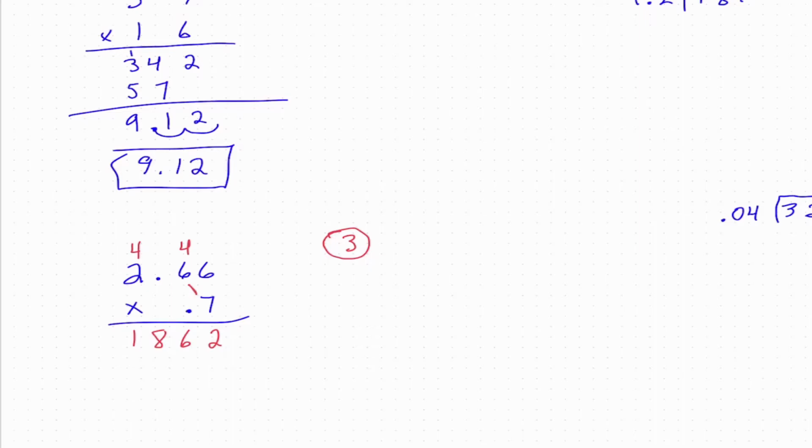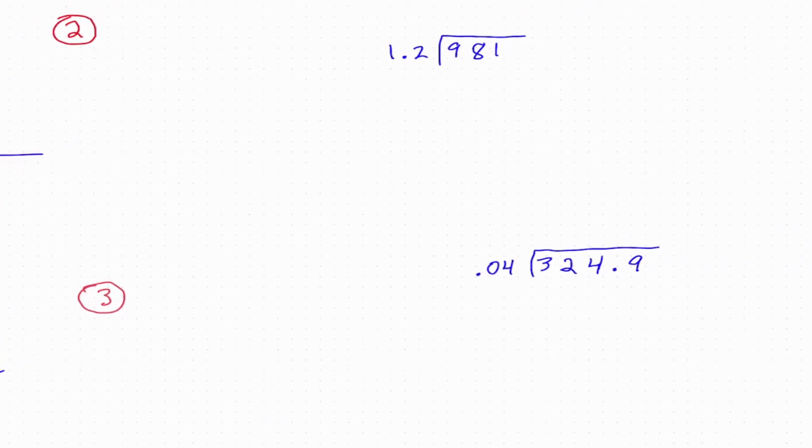Now we have to take our 3 decimal places and put that back into that number. We start at the end and move that decimal place in 3 spots, and that's where our decimal is going to go. So our answer is actually 1.862. That's multiplying decimals.